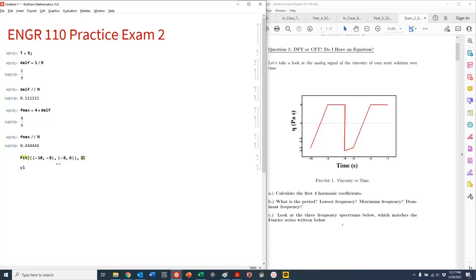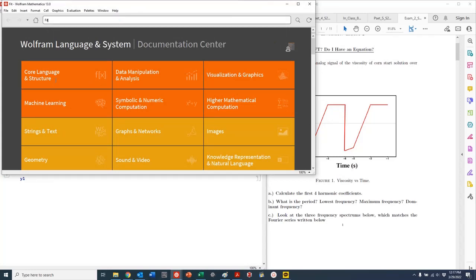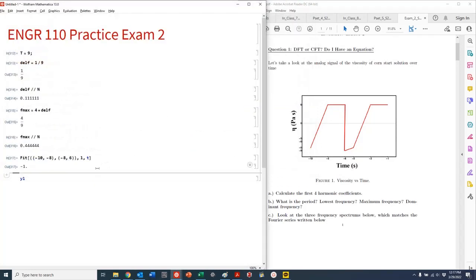Let's look at our fit function. I need to do 1, x. So I'm going to do a linear fit here.